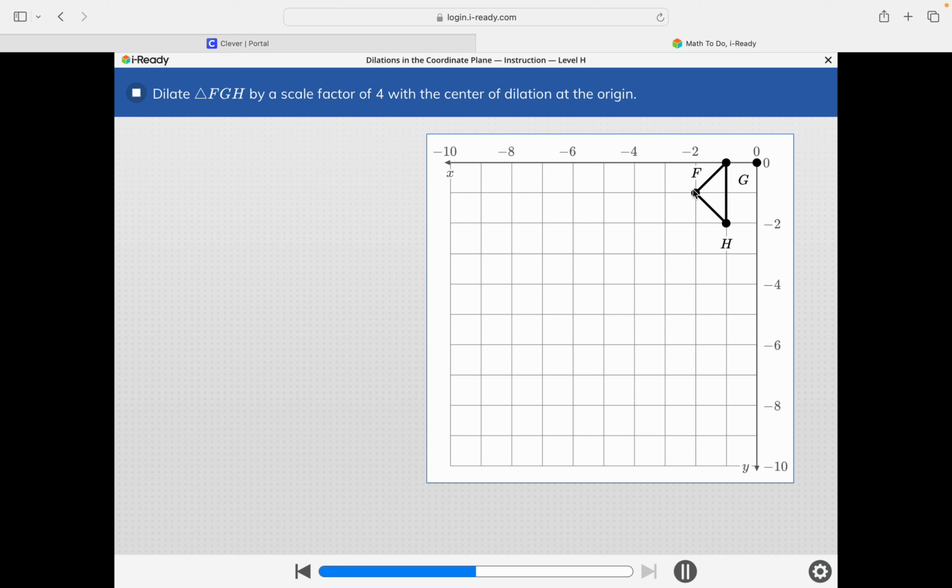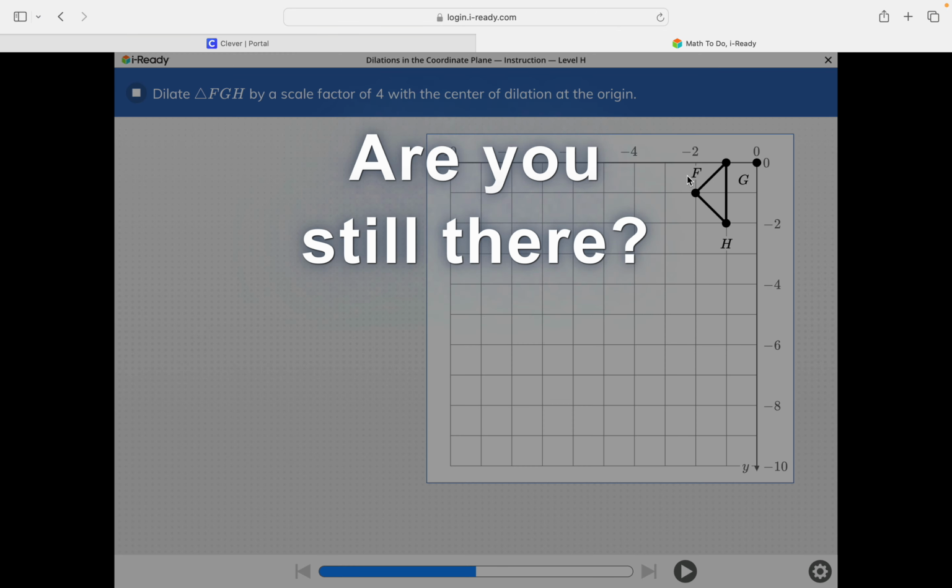Now let's find H and H prime. What is H? H is 0, 1, negative 1, and 0, 1, 2, negative 2. Now we have to make H prime. We have to times by 4. 4 times 1 is 4, but minus 4. 4 times 2 is 8, but minus 8.